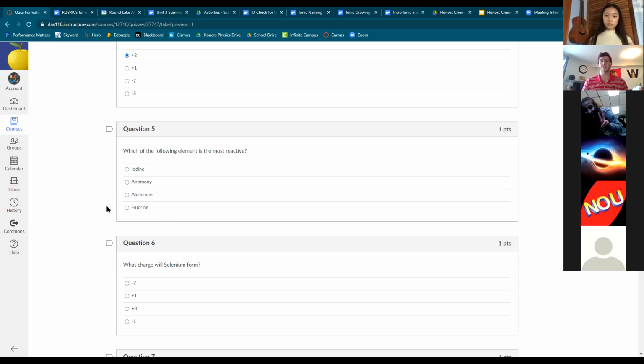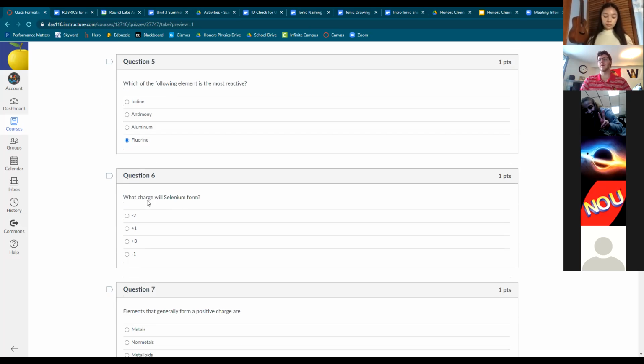So now we have to determine which one is going to attract electrons more, because they're trying to pull in 1 more electron. It's going to be the one where the protons and the electrons are closer together, so the smaller atom, or fluorine, which has the larger electronegativity. So it's going to pull those electrons in closer.